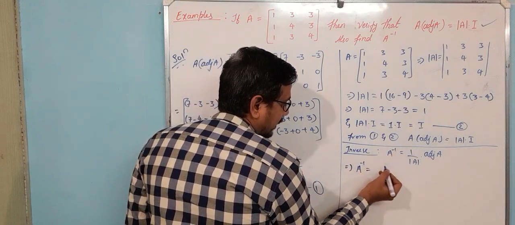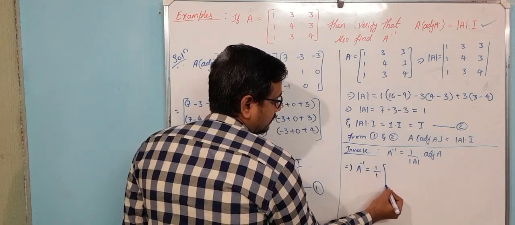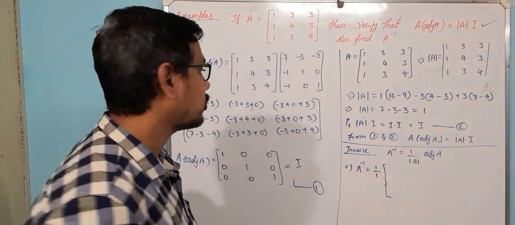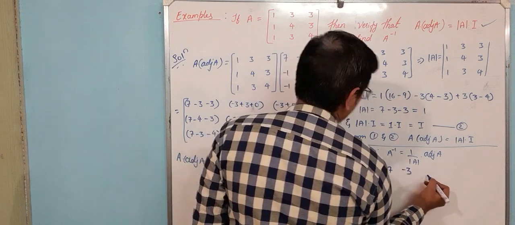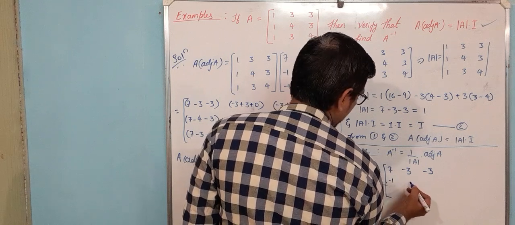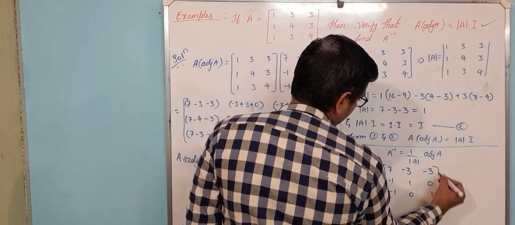1 upon determinant A, 1 upon 1, that is 1. Adjoint A is 7 minus 3 minus 3, then minus 1 1 0, and minus 1 0 1.